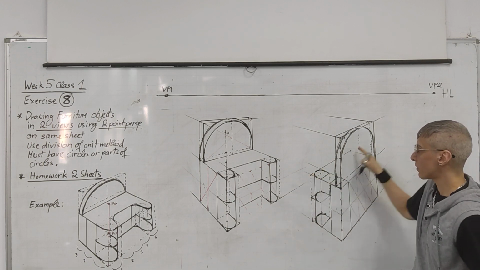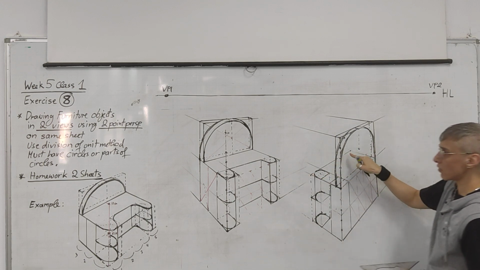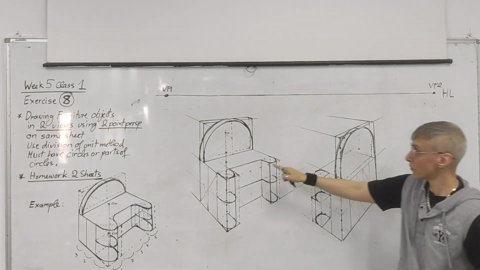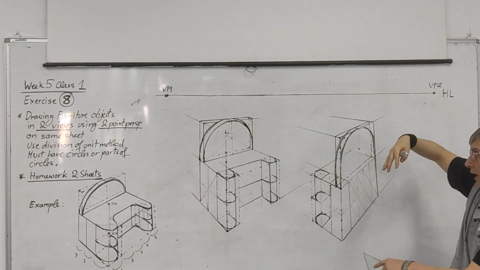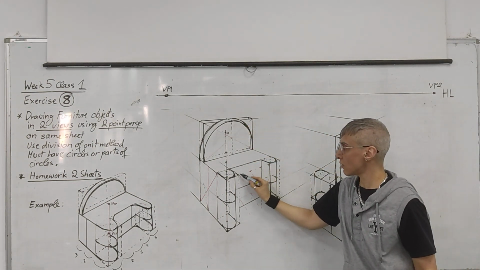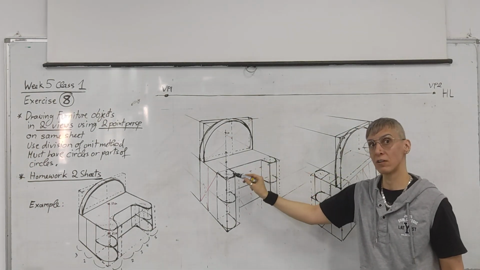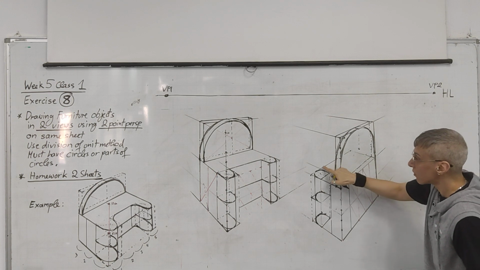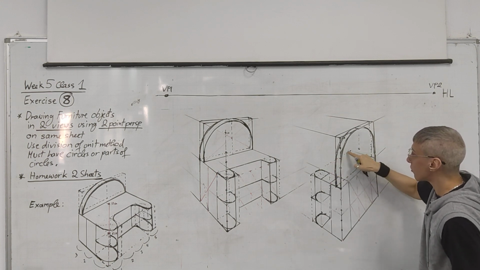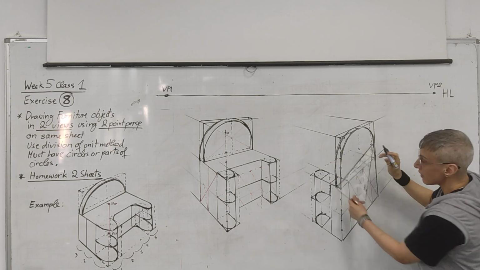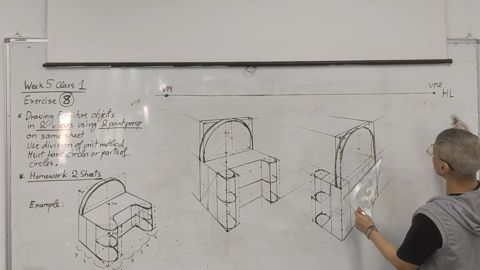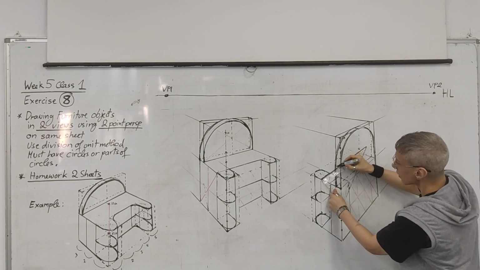Do we need this line? No, because this is the object from the back, so the line that we need is not this line, we need this line. This one is just a construction line. We need now from this line to take to the vanishing point.